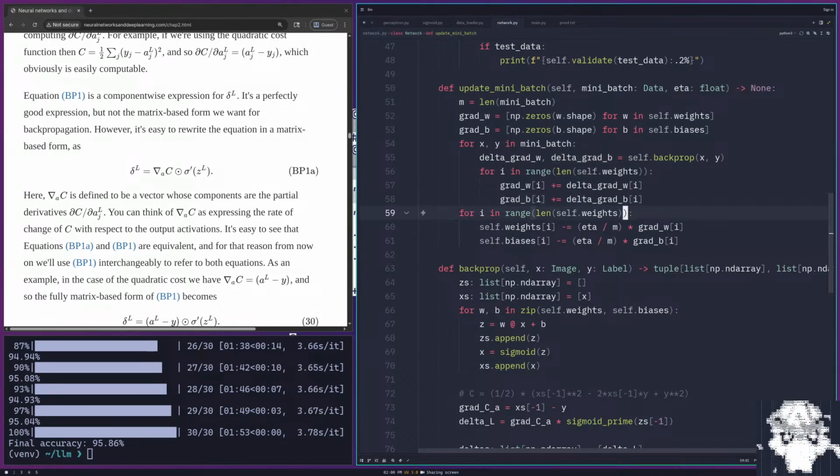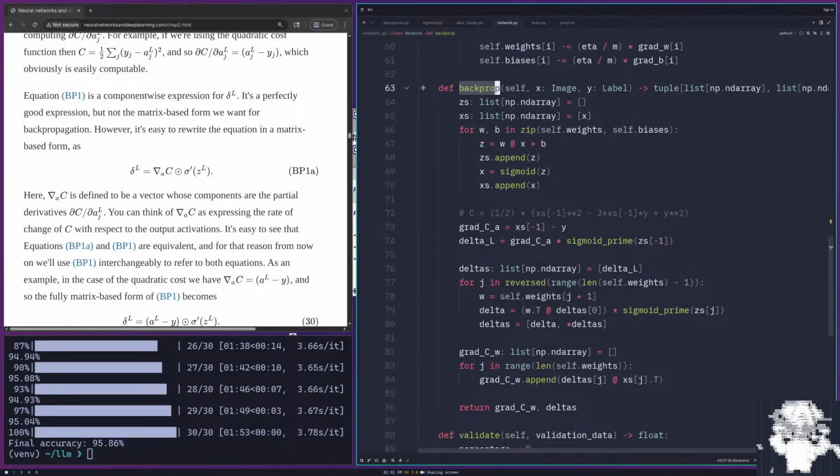And then once we've collected up all of the changes that we want to make, we make the changes by moving in that direction by eta over the number of examples that we were using. The only thing that's still mysterious is how do we actually figure out these gradients? I understand this a little bit. Some of this I understand, I should say.